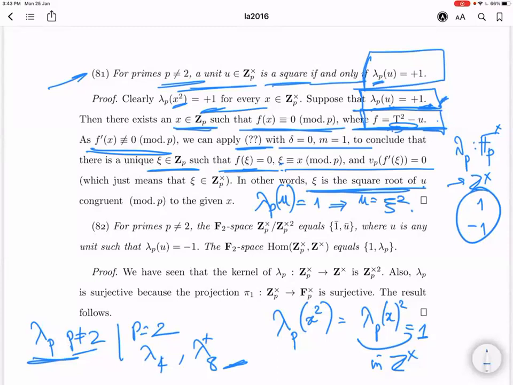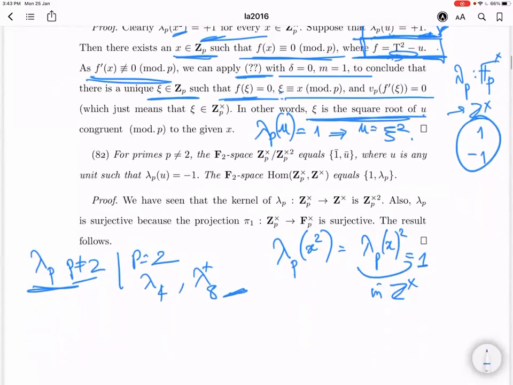Okay. So that gives you the structure of this group. What is Zp star modulo squares? It's a group consisting of just two elements: the image of 1, of course, and the image of u bar, where u is any unit such that lambda p of u is -1, which is not a square.